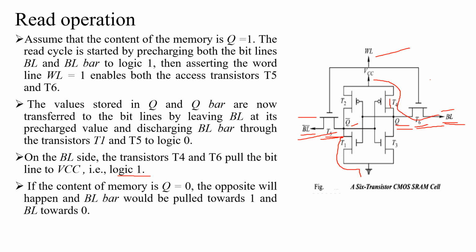Suppose the content of the memory is Q equals 0, the opposite will happen and BL bar would be pulled towards VCC and BL towards 0. In this way, the read operation is carried out in a 6 transistor CMOS SRAM cell.